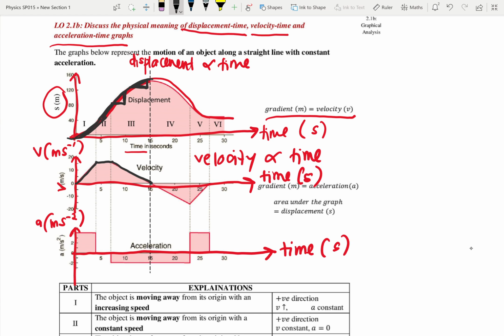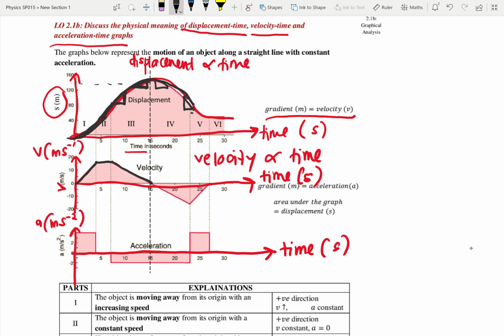Alright, and then for this one, the gradient decreases as well, but look at this shape. Displacement decreases from maybe 120 here to 40 meter, right? So that means this object moves in the opposite direction.